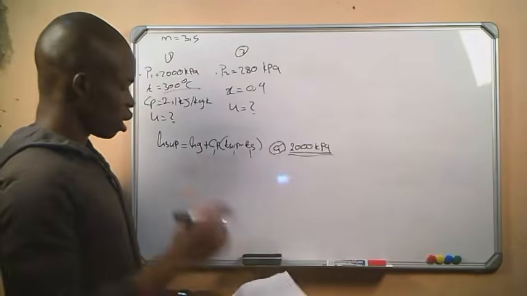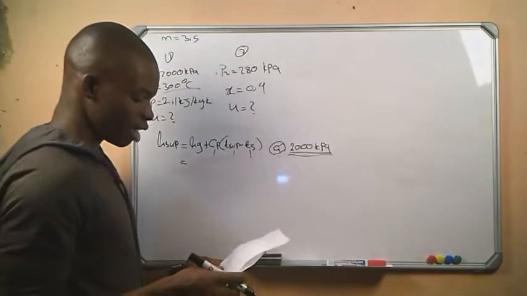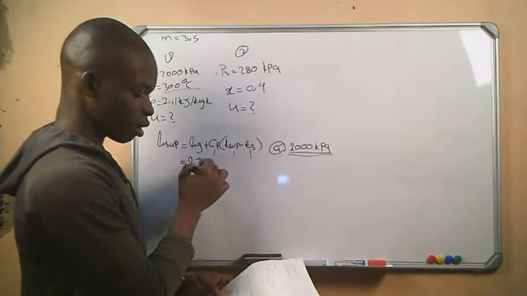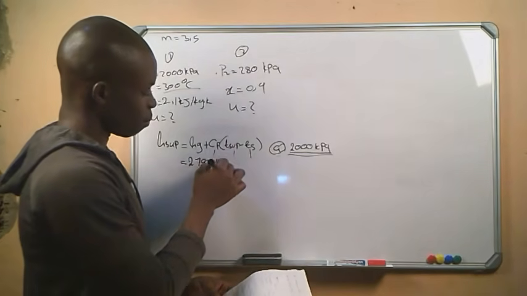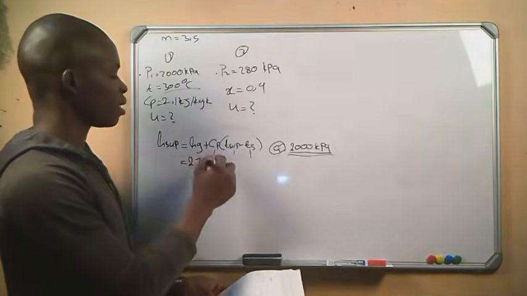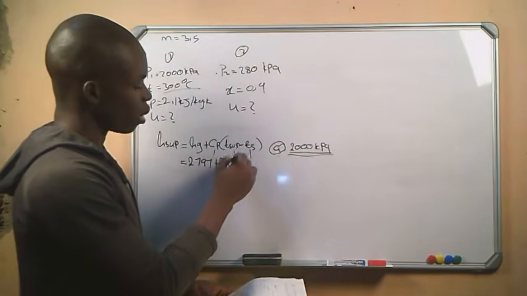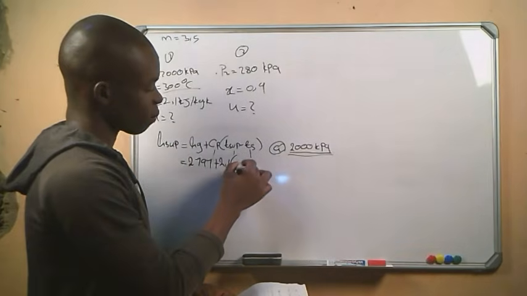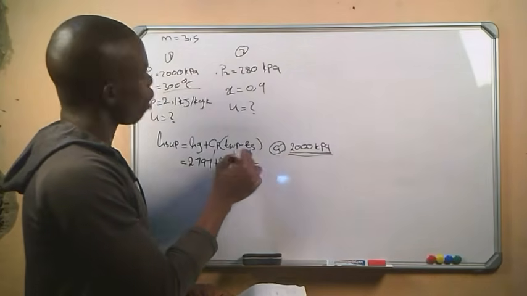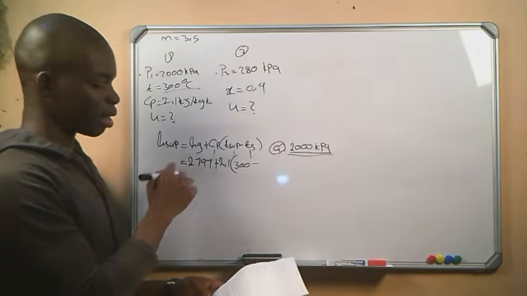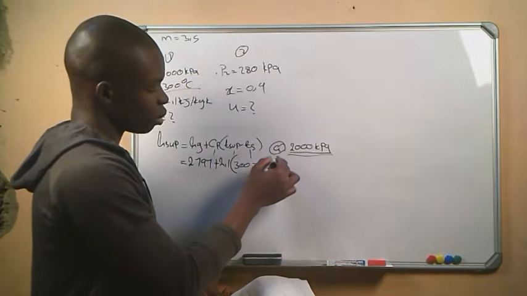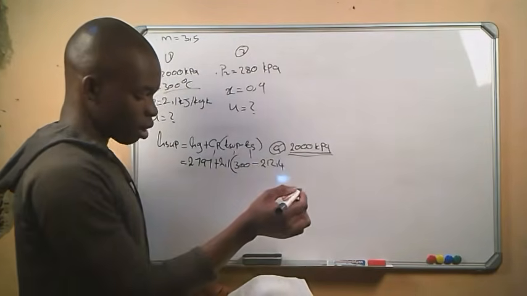And then I found that Hg is equal to 2797 plus our specific heat capacity of 2.1 times our T sup of 300 minus our saturation temperature, which I found is 212.4.